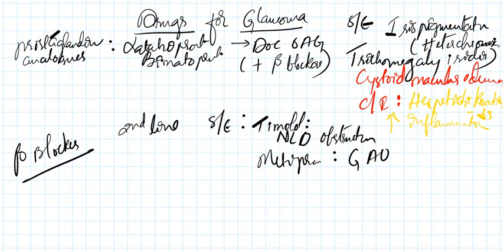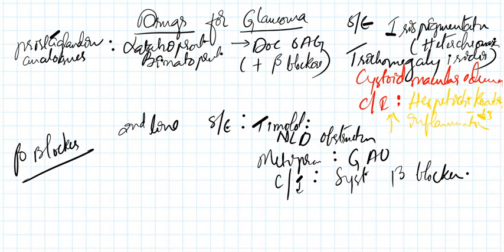Remember this very much. And remember one more thing. What is the contraindication? Systemic beta blockers should not be given. They are highly contraindicated.